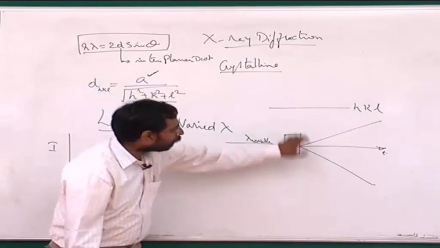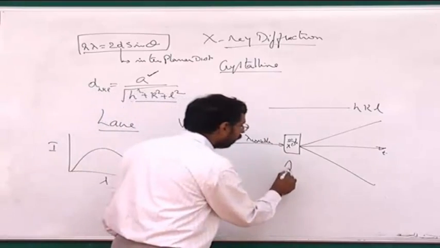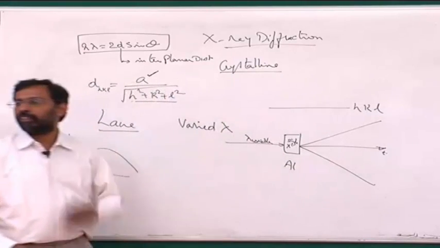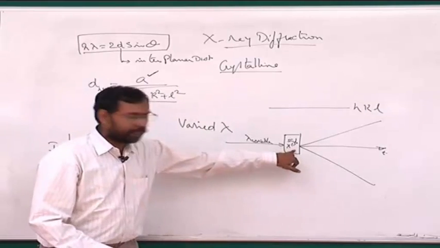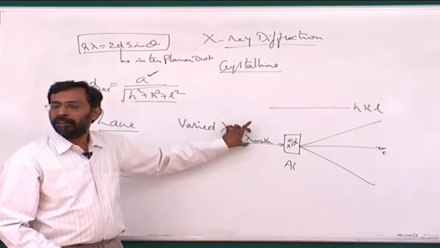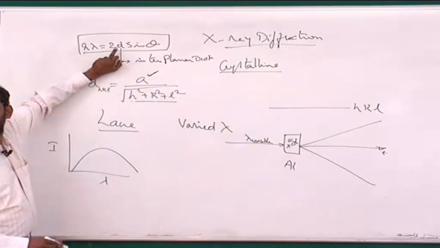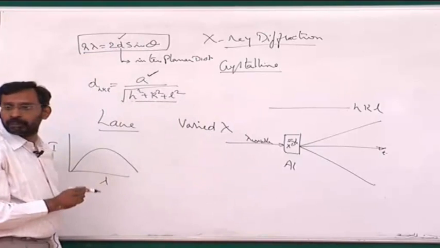There are different atomic planes inside the single crystal. If this is an aluminum single crystal, you will have different planes, 100, 200 and all those. Each plane chooses one of the lambdas so that it satisfies this condition, because for a given plane, the d is fixed. Okay?